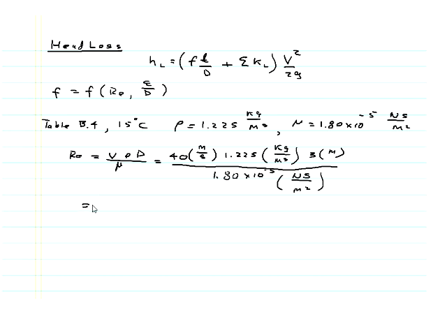The Reynolds number comes out to be 8.17 times 10 to the 6th. So the flow is turbulent.